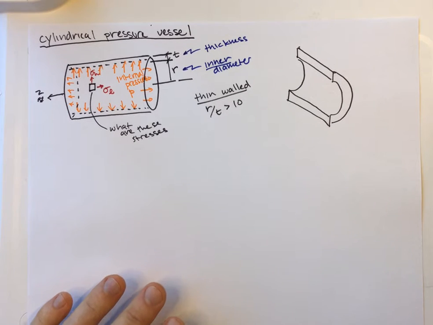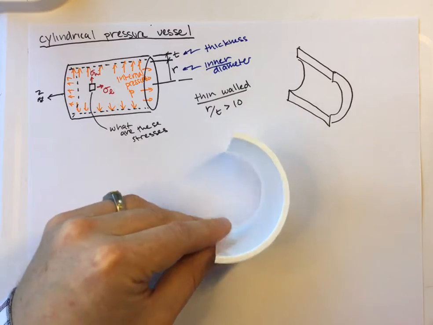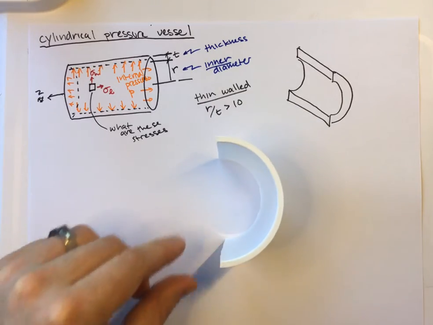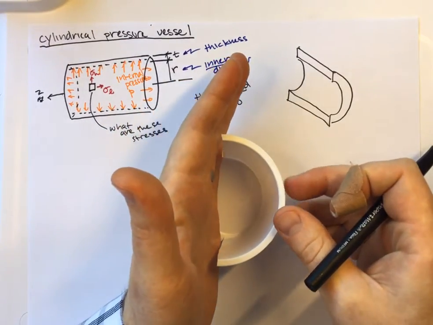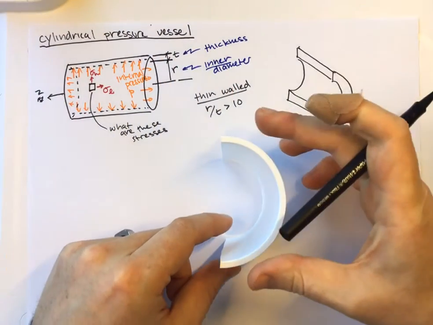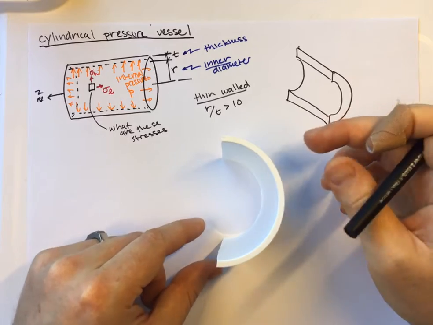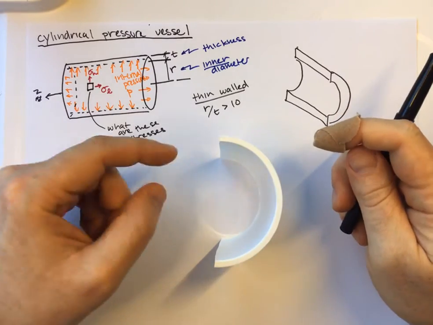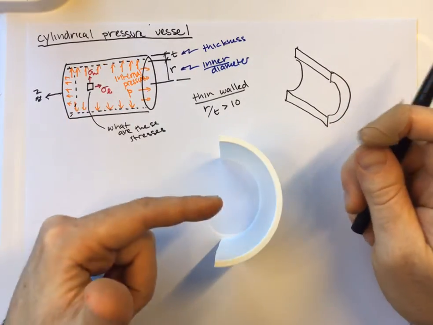To help illustrate what that looks like, I've brought along another prop. It is a yogurt container here. Essentially what we've done is we've sliced our yogurt container, or our pressure vessel, in half. And we have some kind of gas exerting pressure uniformly everywhere.